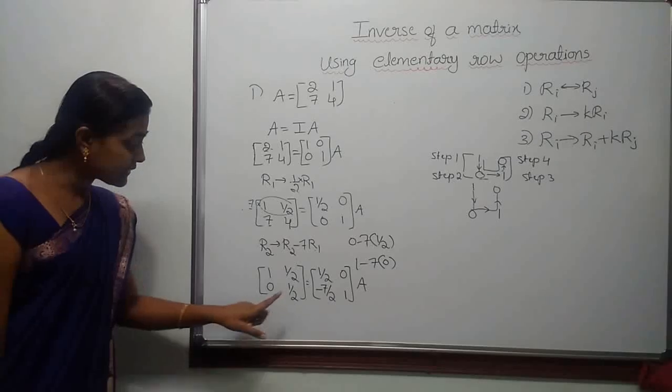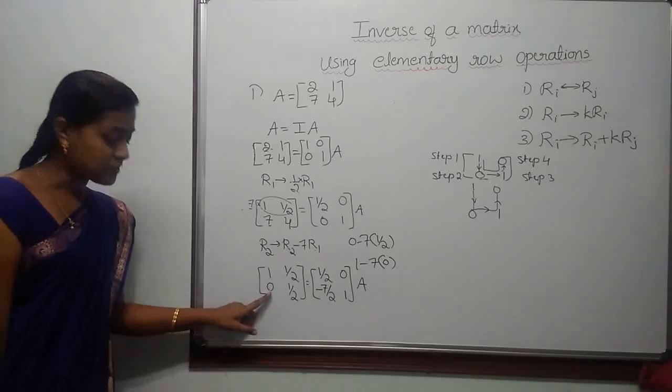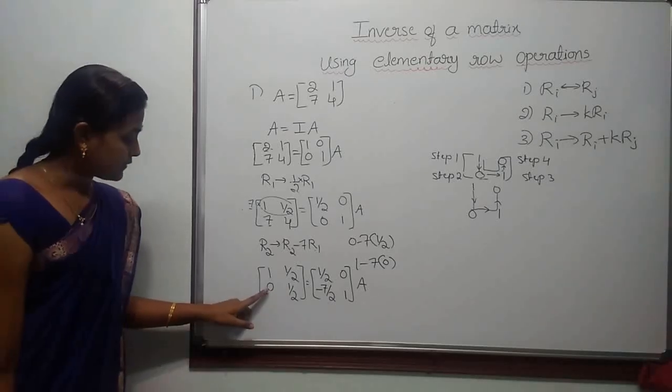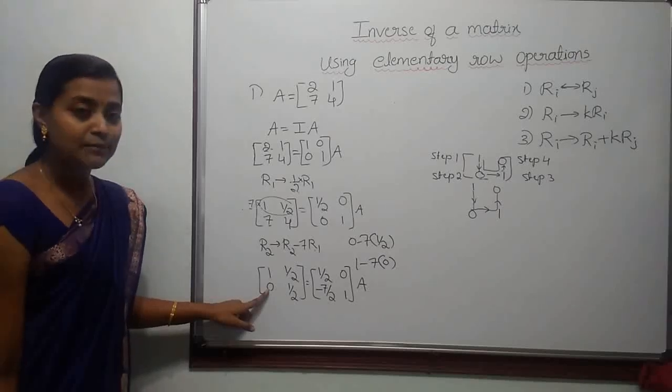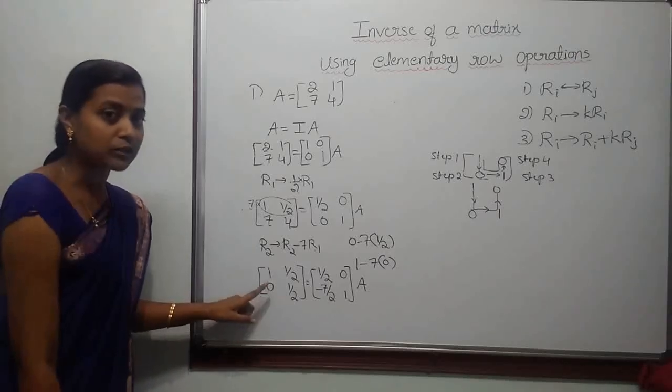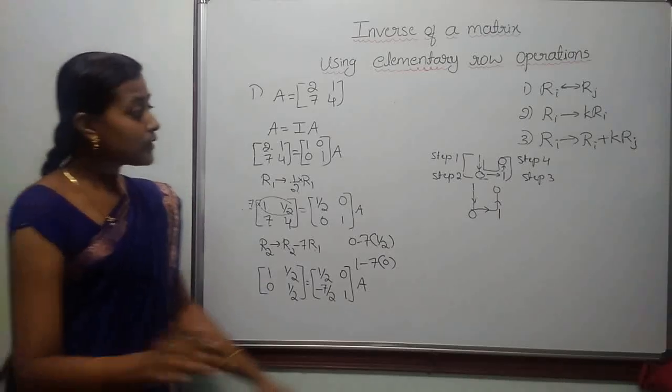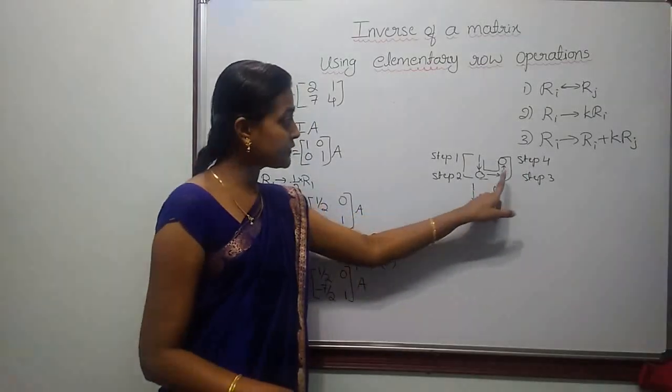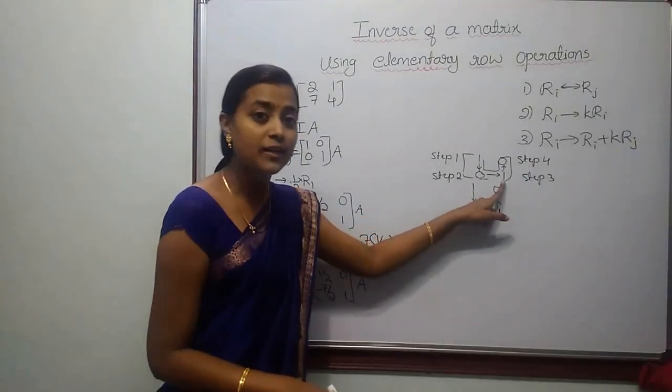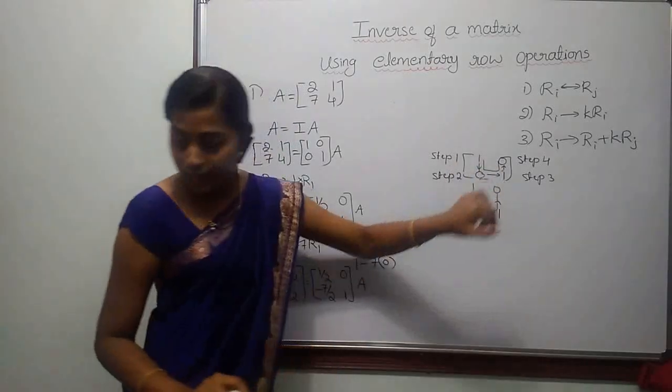We have completed second step. We have reduced second element, that is element lying in second row, first column to 0. Now let us move to the third step to reduce the element lying in second row, second column to 1. How can you do this?